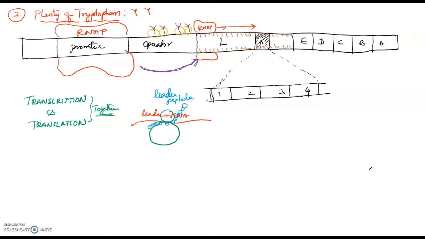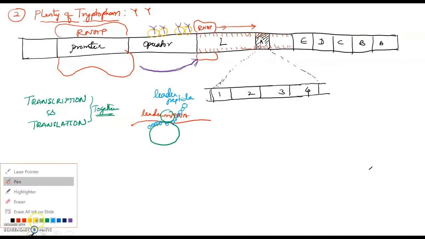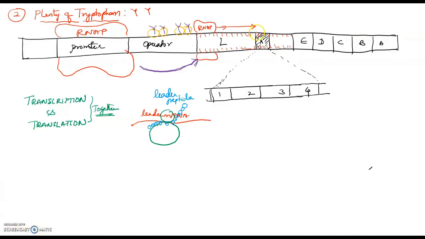Now the RNA polymerase has come till here, and it has reached the attenuator region. So what happens when RNA polymerase is polymerizing? It keeps on polymerizing the mRNA.